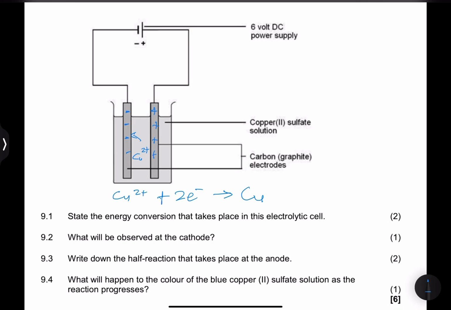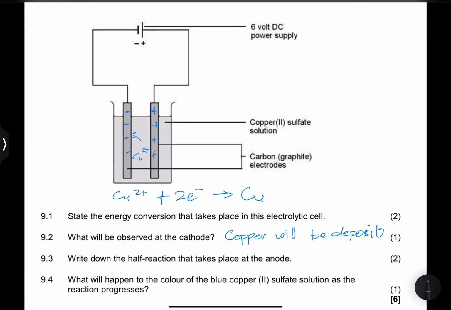So they're asking what will be observed at the cathode. It means that we'll see copper being deposited there, or you can even say it might experience an increase in mass due to copper. So you can say something to that effect.